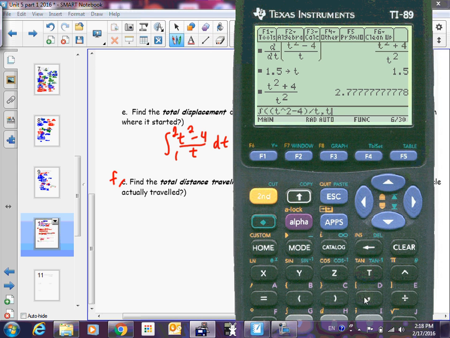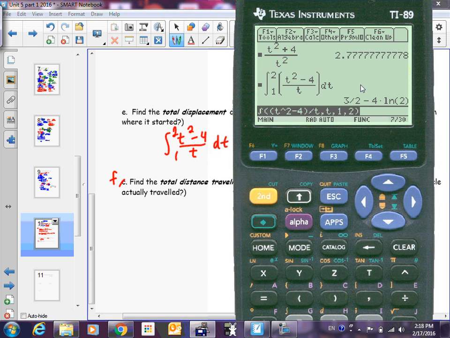After your comma t, don't forget your bounds, comma 1, comma 2. It gives you, again, an answer with natural log in it, so you could do a diamond enter if you really wanted a decimal answer, which, honestly, it doesn't really matter. If your answer's right, you're good.